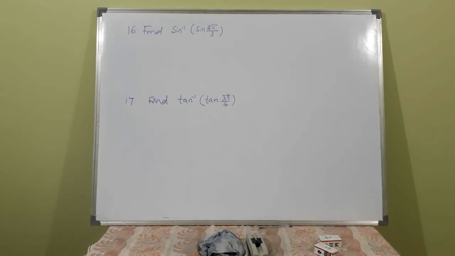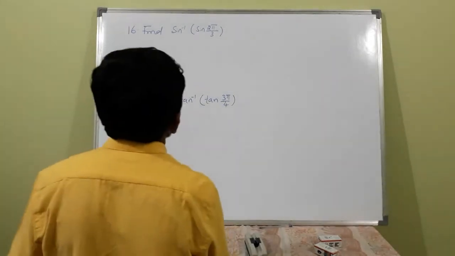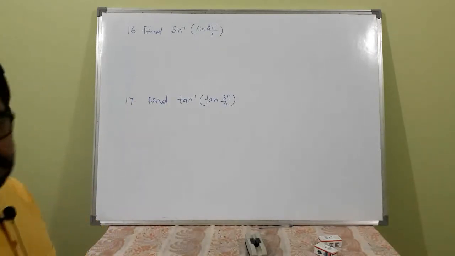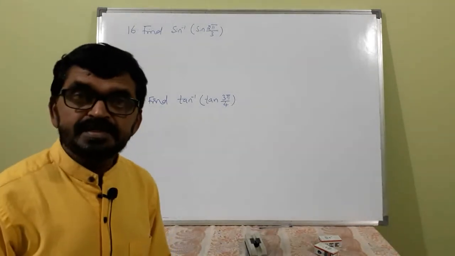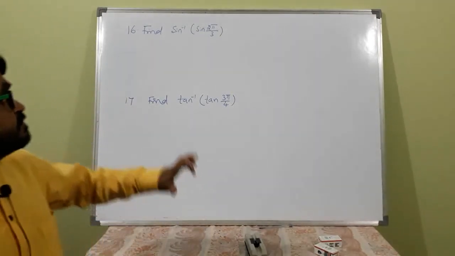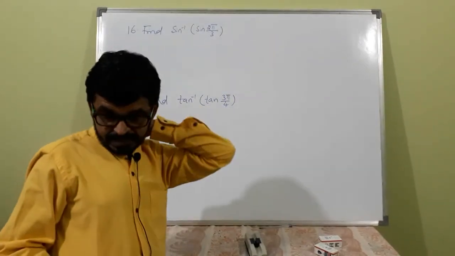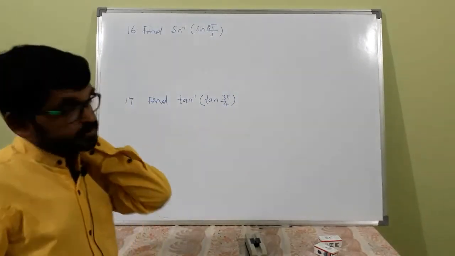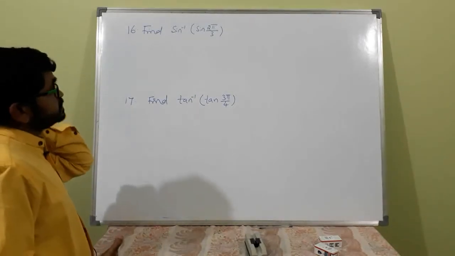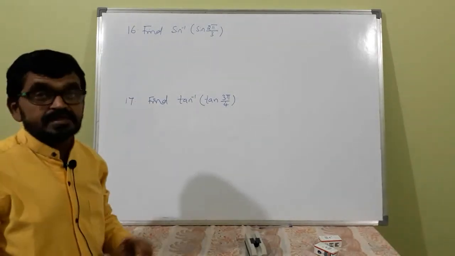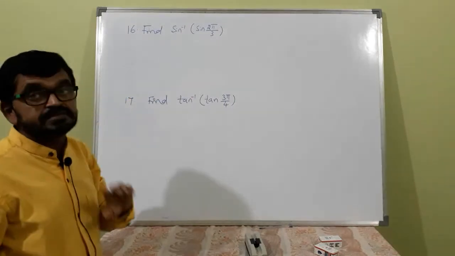See, this is another type of example, sine inverse of sine 2 pi by 3. This is asked many times and many students committed mistakes here also. Again and again they commit mistakes here. Sine inverse of sine 2 pi by 3 is not 2 pi by 3 as sine inverse and sine get cancelled.